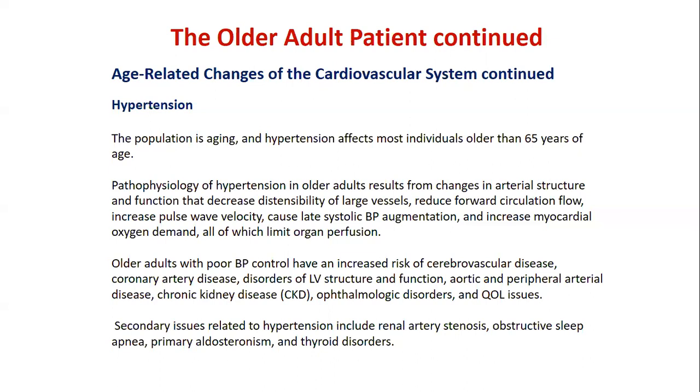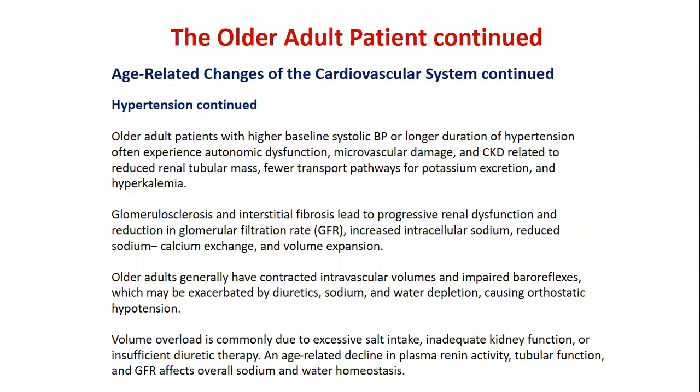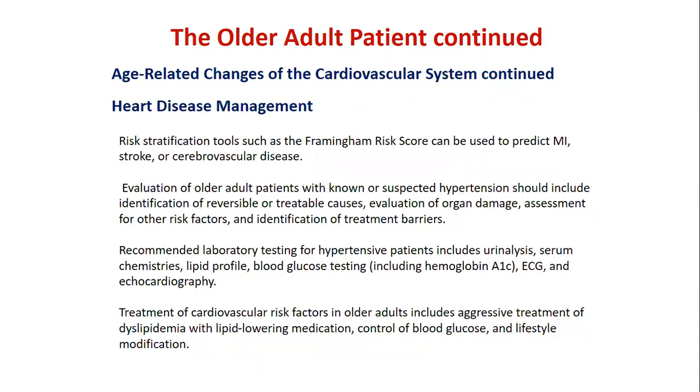Or if a patient has high blood pressure for a long time, it leads to kidney failure. Or a patient with a kidney problem can develop high blood pressure. So all the systems in our body are interlinked with each other.